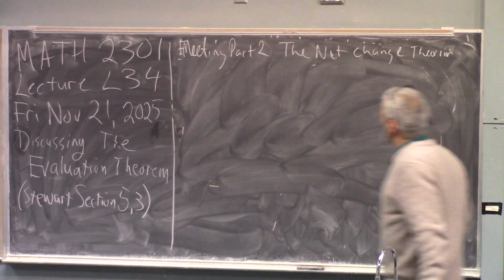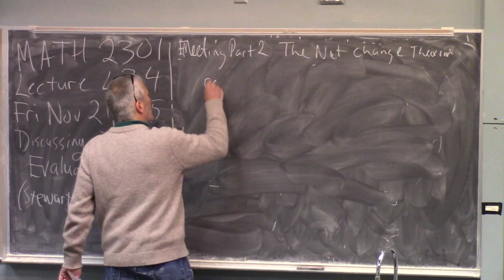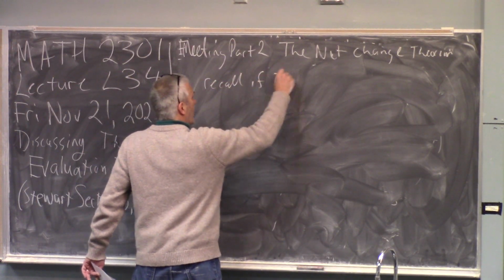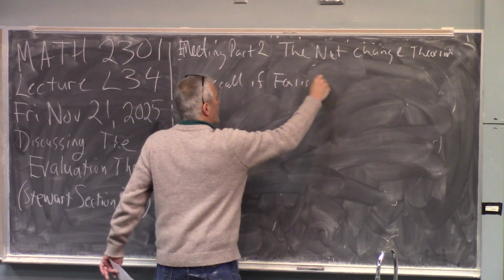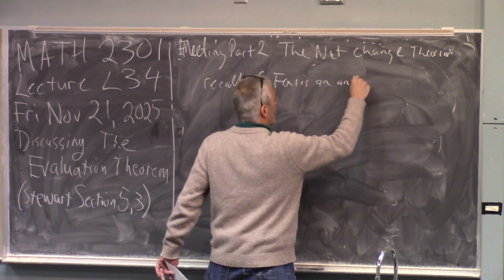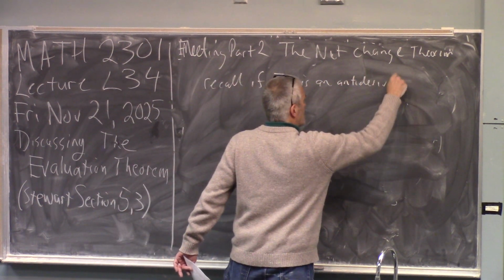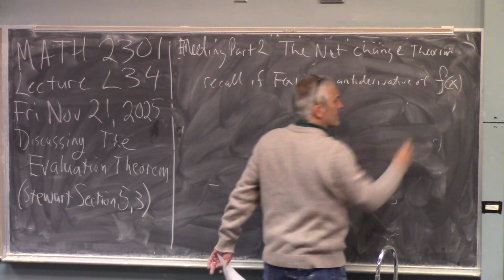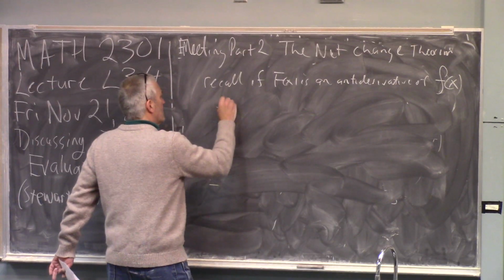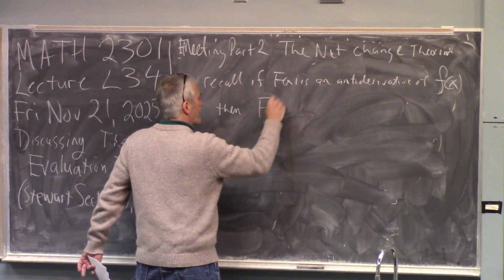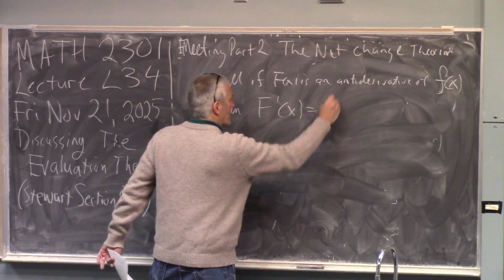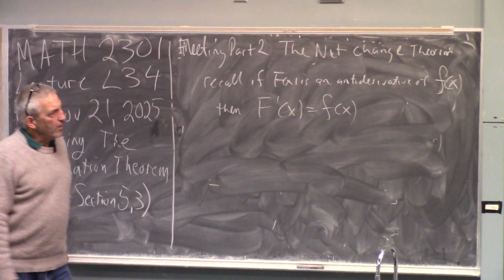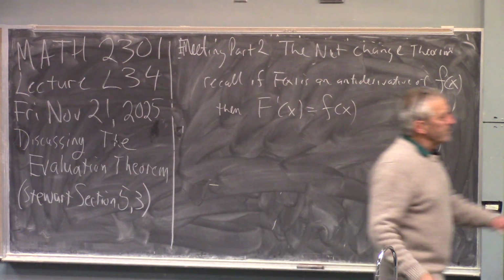But remember, if capital F is an antiderivative of little f, what does that actually mean? Then capital F prime is little f. That's all it means.